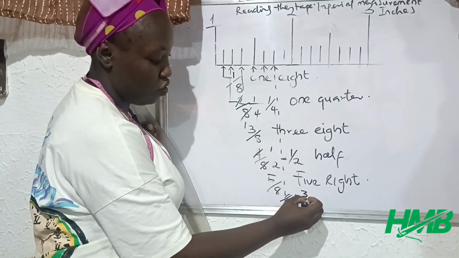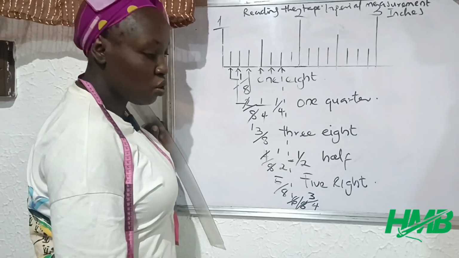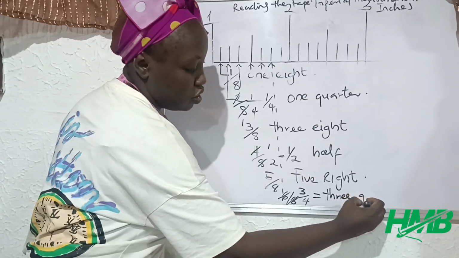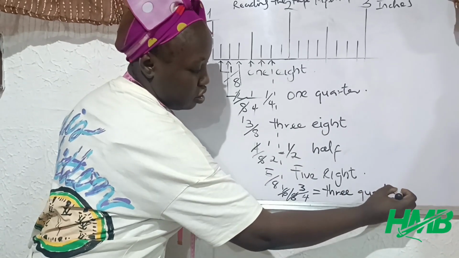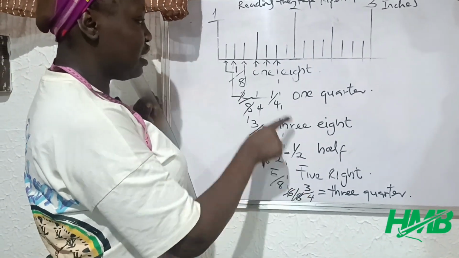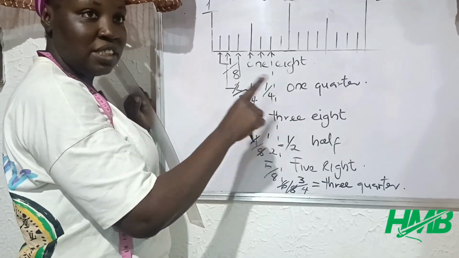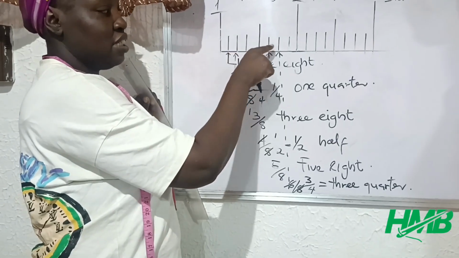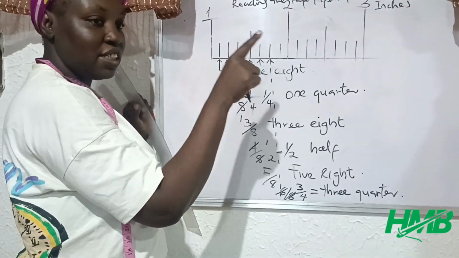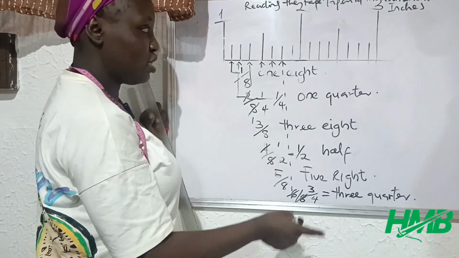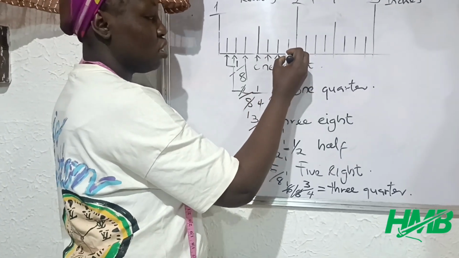So that is where we have 3 quarters. So can you see 3 quarters now and 3/8 are different things? This is 3/8. This is 3 quarters. They are two different lines in two different places. So that's 3 quarters.